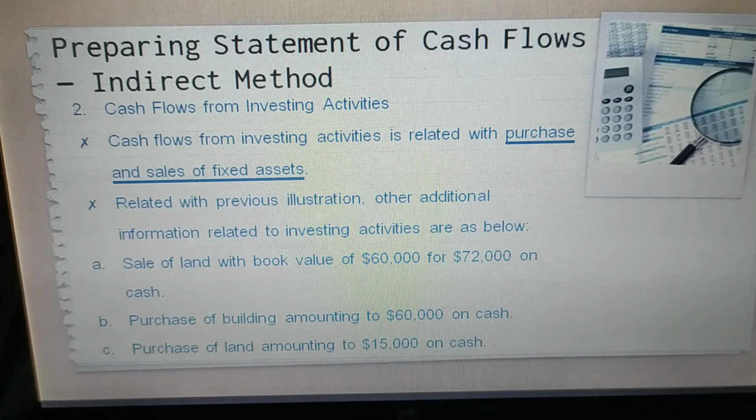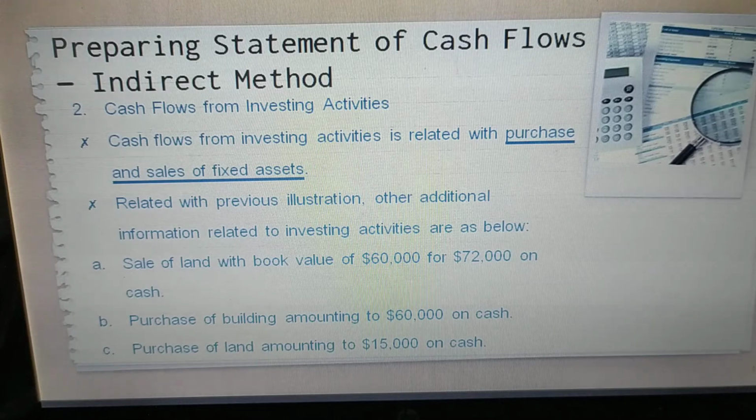If it is stated, for example, purchase of building amounting to $60,000 by issuing stock, it is not included in the statement of cash flow. So please remember about that.